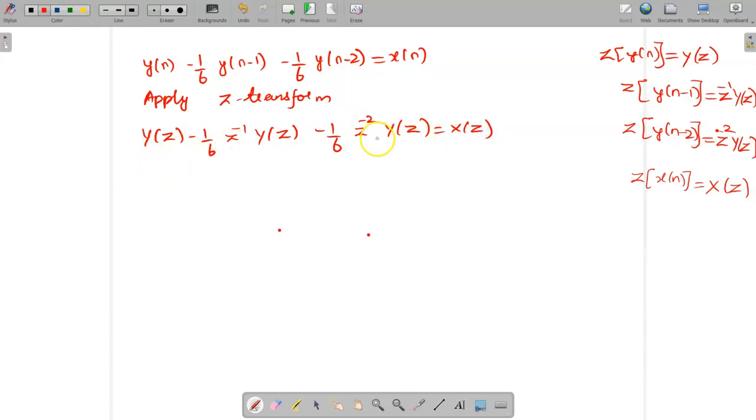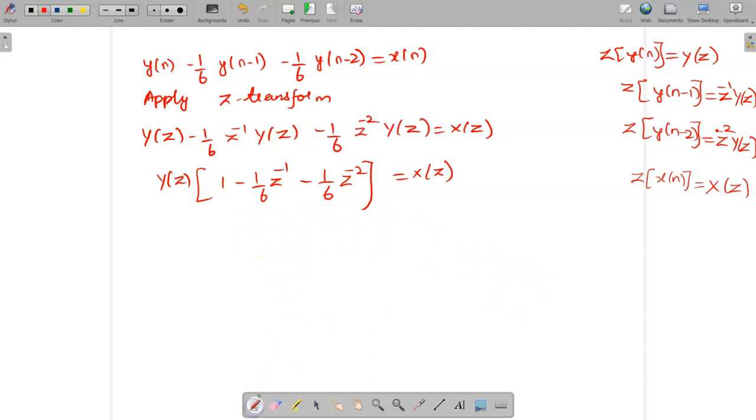So here take all your Y of z commonly outside. What happens? Here the coefficient is 1, 1 minus 1 by 6 z power minus 1, minus 1 by 6 z power minus 2. Just take Y of z commonly outside in all the terms. So the right hand side is X of z.